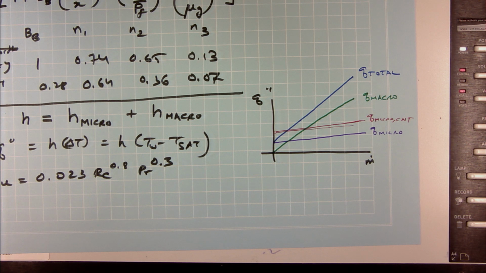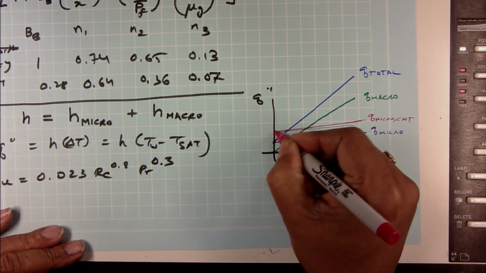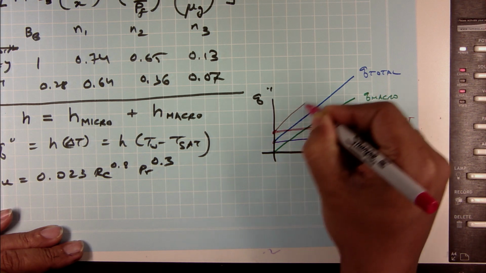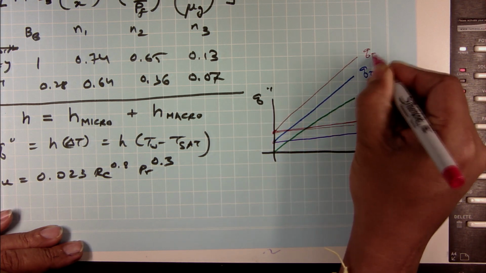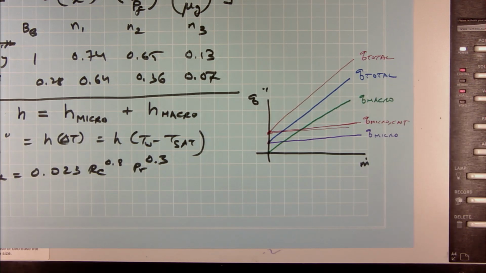So, in essence my Q total now, instead of starting here, started here, and so the enhancement I saw in the boiling heat transfer was higher at lower flow rates, and the percentage enhancement that I saw decreased as the flow rate kept increasing.